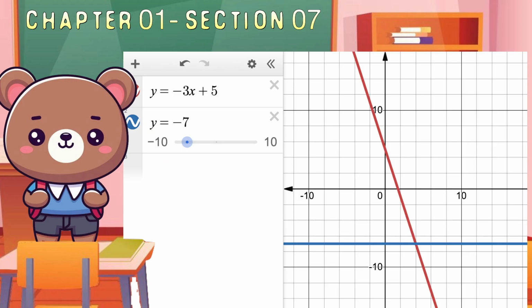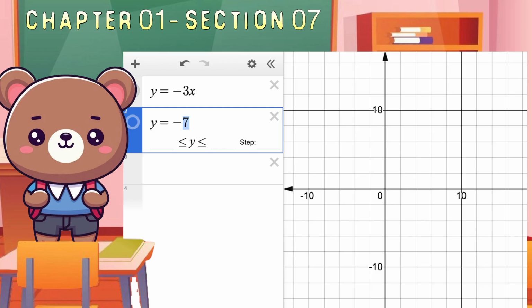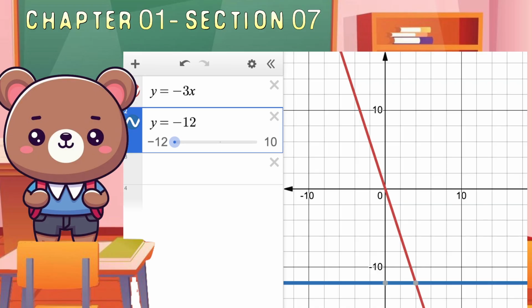Okay, so when I did one step, we subtracted 5 from both sides. So I'm going to shut these off. Once I did that, this side became just -3x, and this became -12. Let's turn them back on.